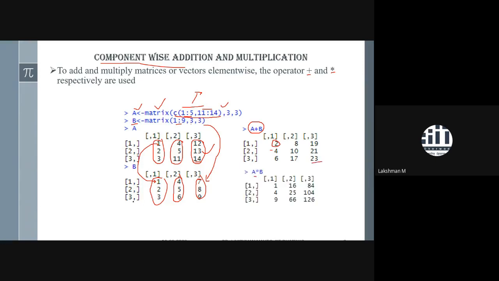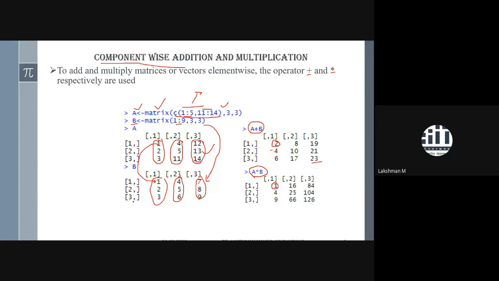Likewise, if you do multiplication of two matrices, it will not give the multiplication of two matrices. It will give element-wise multiplication. So here you can observe that 1 times 1 equals 1, this one times this one. So it is just behaving like addition of two matrices.